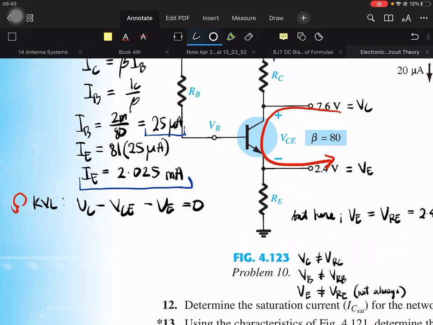VC is 7.6 minus unknown minus 2.4 equals 0. Therefore, VCE is equal to 5.2 volts.